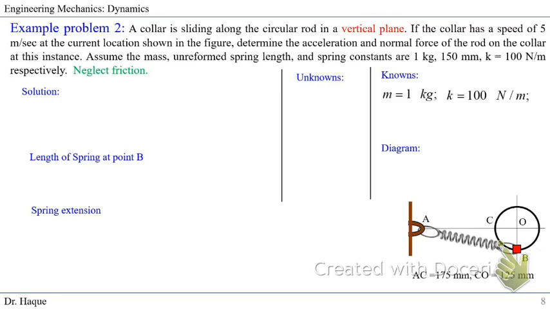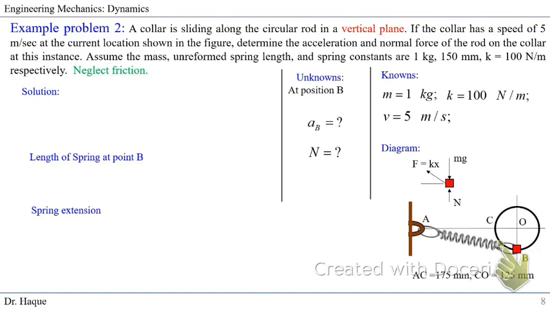Mass is given as 1 kilogram, k we know is 100 Newtons per meter, and we know the velocity of the collar is 5 meters per second. What are the unknowns? The problem asks for the acceleration and normal force of the rod on the collar at position B.